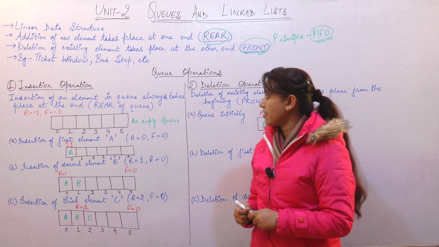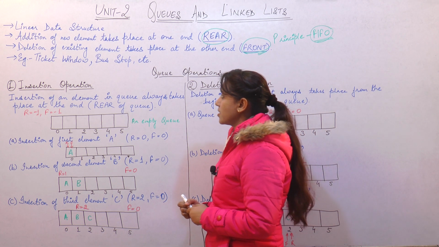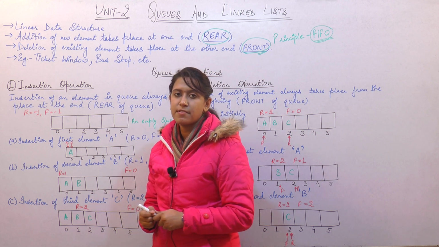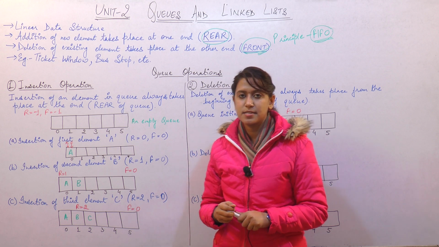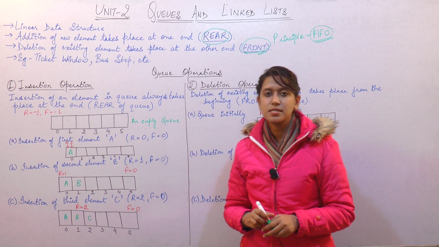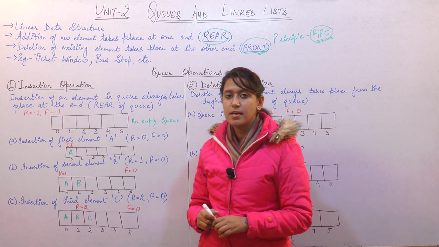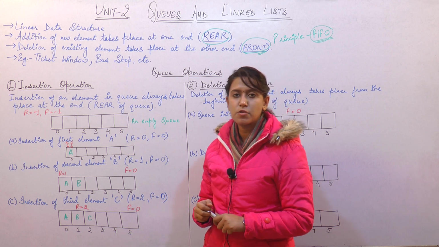Understanding this with an example, the example of a queue can be a ticket window or a bus stop. Whenever we want to watch a movie, we go to the ticket window to buy tickets. At that ticket window, a queue of persons is available. The person comes, takes the ticket and leaves the queue.